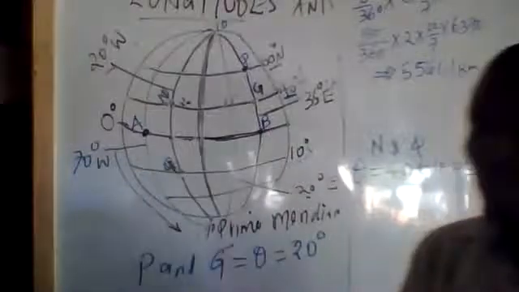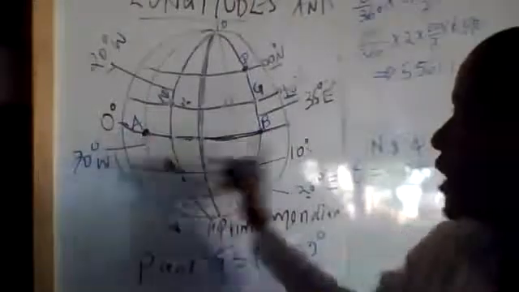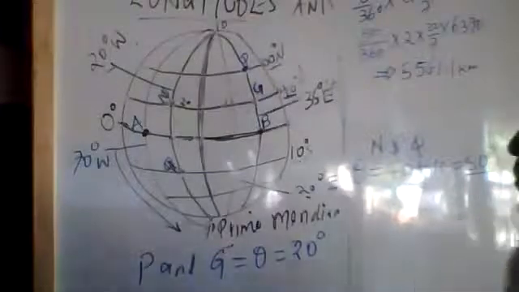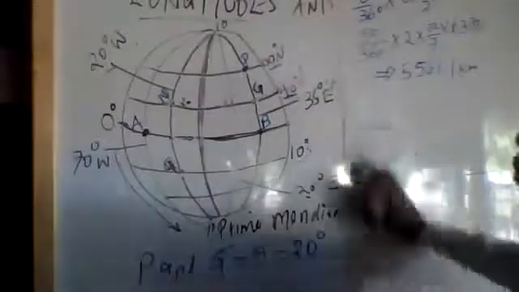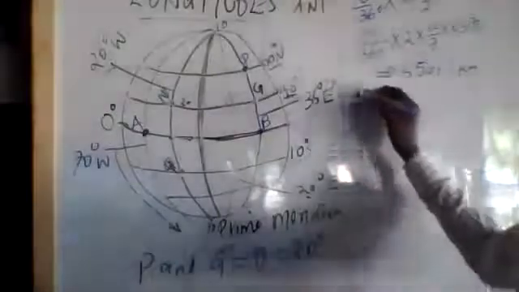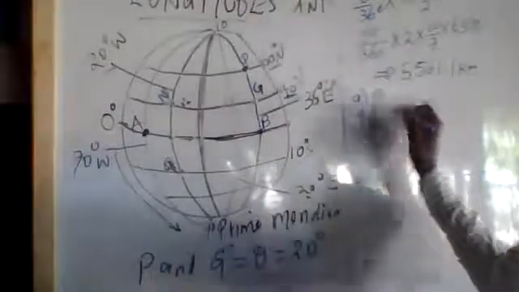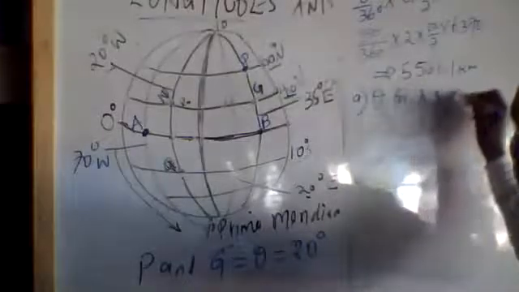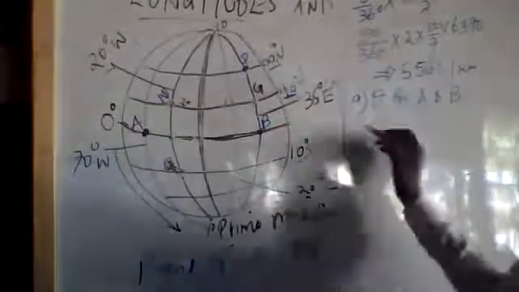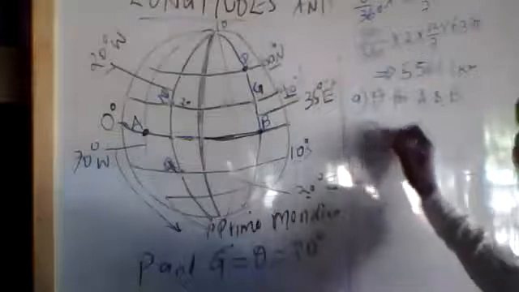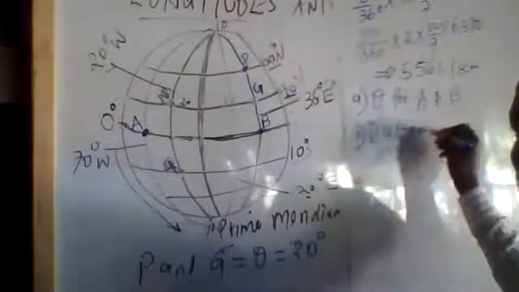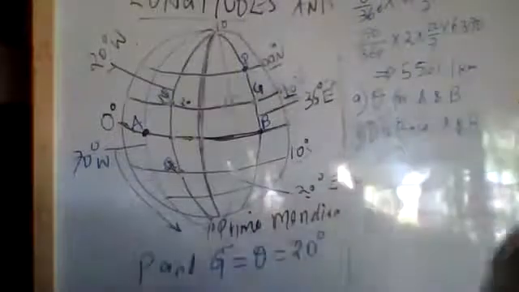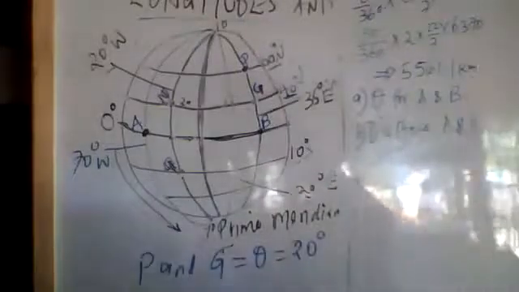Can you give me the angle difference between A and B and then calculate the distance between A and B? So this is what I want you to do. Give me theta for A and B. Then give me the distance between A and B. Can you try that?